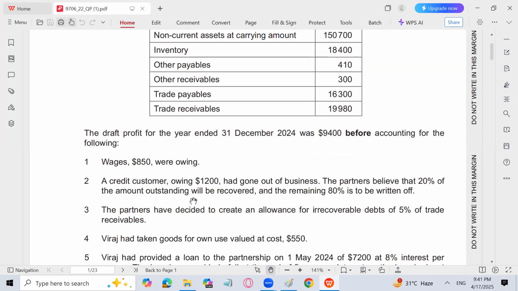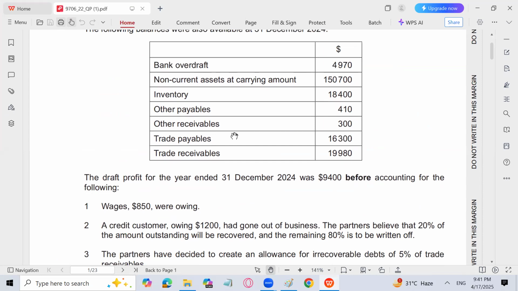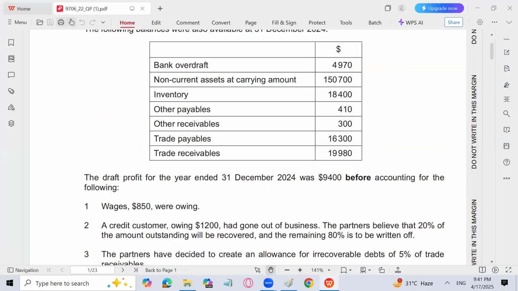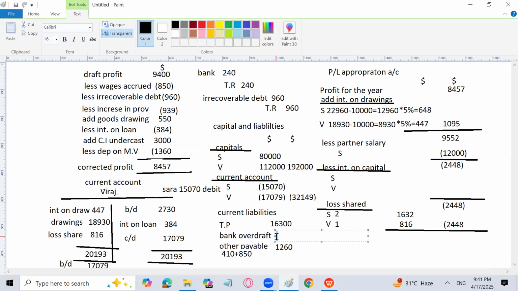The 240 has been recovered, so the bank overdraft will decrease because we have received 240 in the bank debit. So the bank overdraft is going to be 4,970 minus 240, which is 4,730.